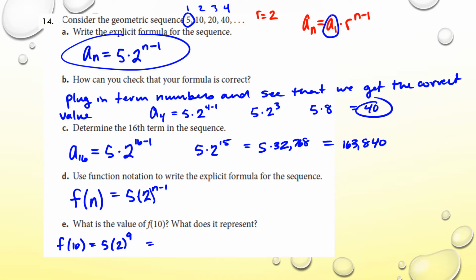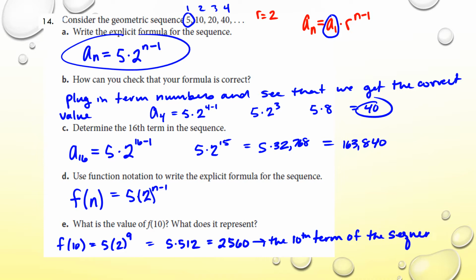So 2 to the power of 9 is 512. So 5 times 512, which would be, please make sure you're doing this yourself, and then pause, check, fast forward, rewind, whatever, okay? And what it represents is the 10th term. f of 10 would be the 10th term of the sequence.